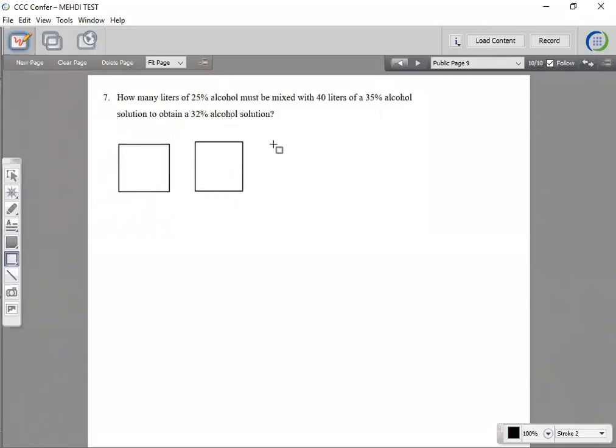So imagine you want to make a punch for the party, and this is your final product to the right, which is equal to, and you go look for two bottles at home. One is labeled 25% alcohol, and the other one labeled 35%. However, the one with 35%, maybe this bottle hasn't been opened, is labeled 40 liters on it.